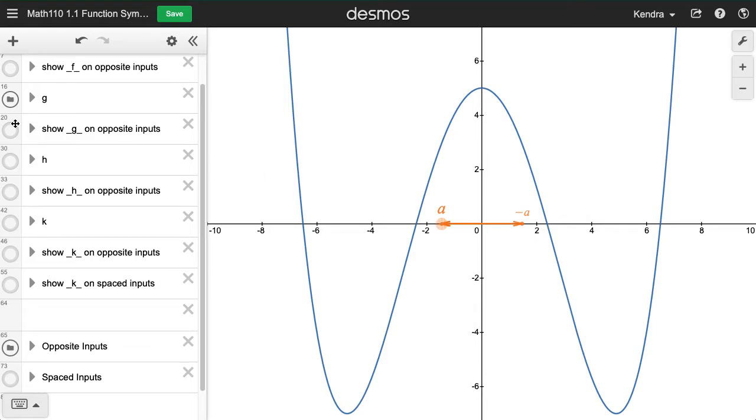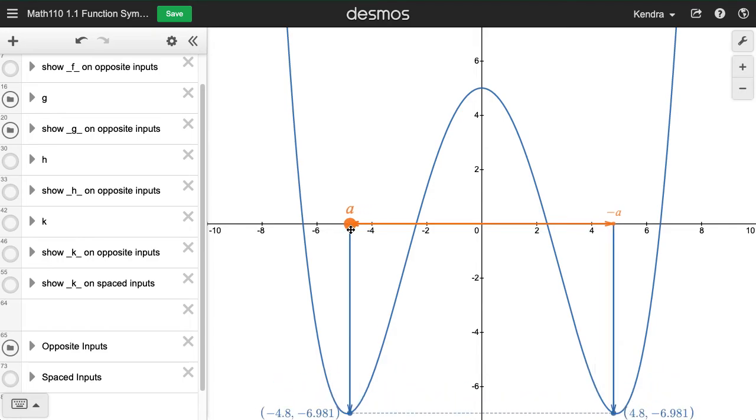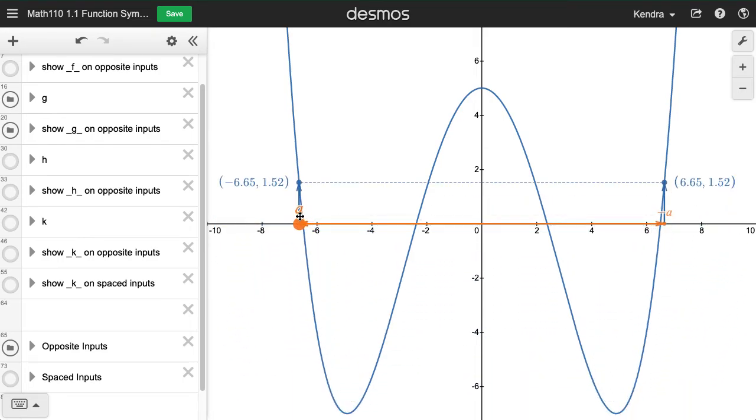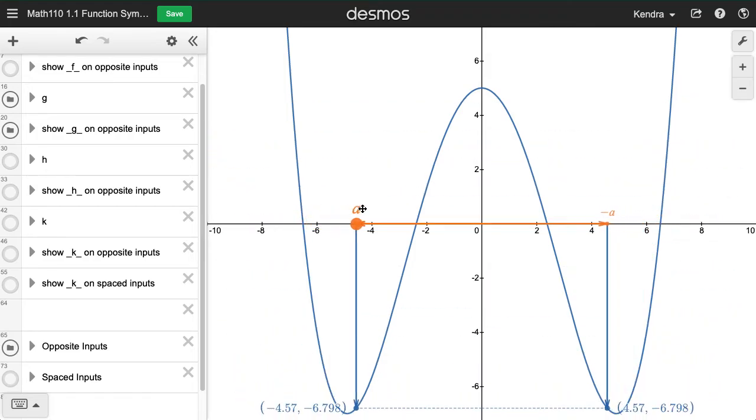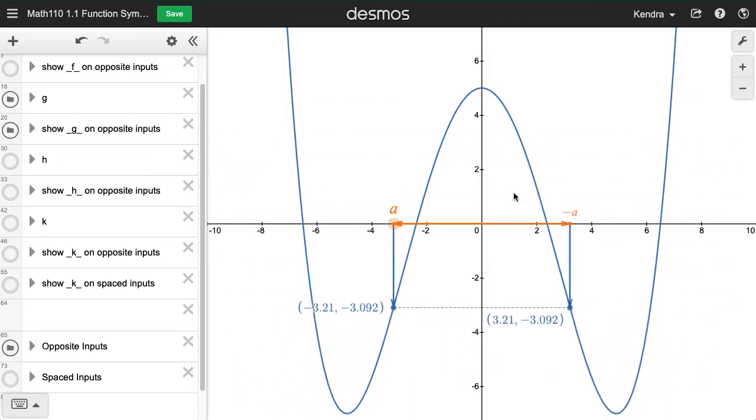I can show G on opposite inputs, and I can see it looks very much like the outputs are the same for opposite inputs. Now, what kind of function has outputs the same on opposite inputs? And what symmetry does this graph have when the outputs are the same for opposite inputs?